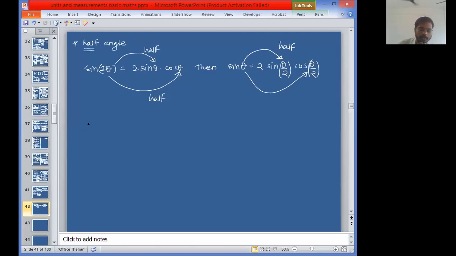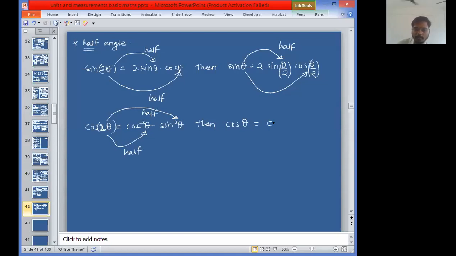Okay, similarly, if you write cos of 2 theta as cos square theta minus sin square theta, then you can write cos of theta. See, this is 2 theta angle, its half angle is present here.